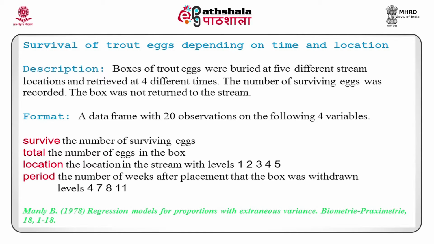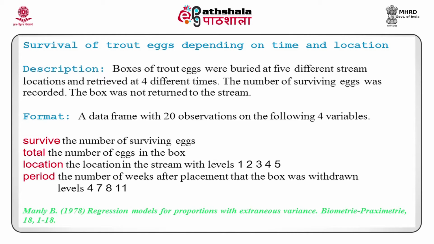The dataset is a data frame with 20 observations on 4 variables. So the first variable is the outcome survive, total is the number of eggs in the box, location is the location in the stream, and period is the number of weeks after placement. So both location and period are factor variables.